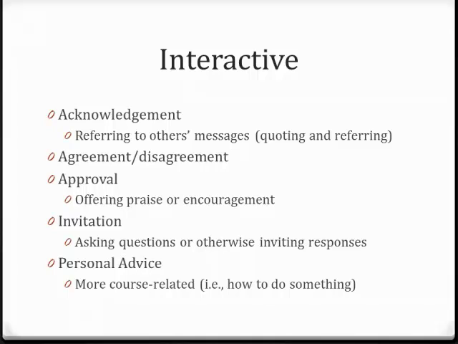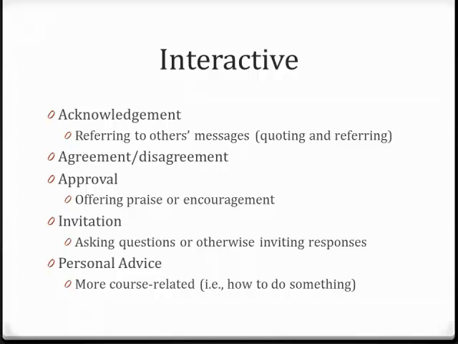Offering personal advice. That's another interactive indicator. And this is more course related, and it might be how to do something, like how to format your journal entry or your discussion post. It might be giving personal advice on how to find more information, say using Google Scholar.